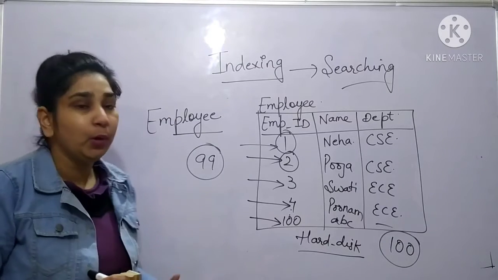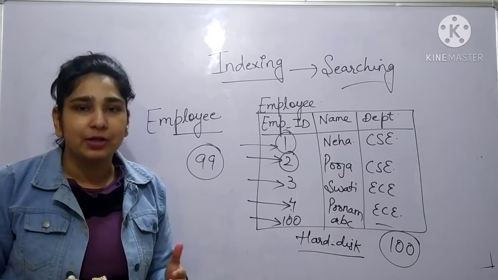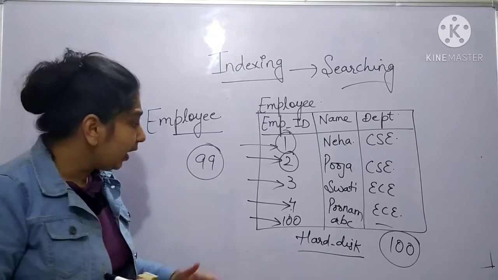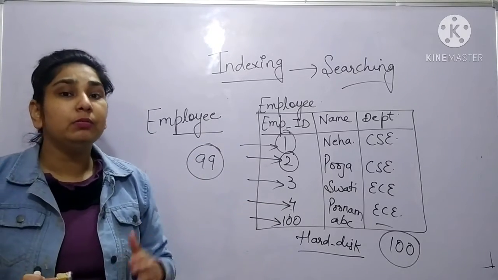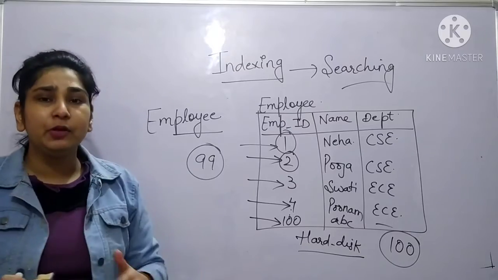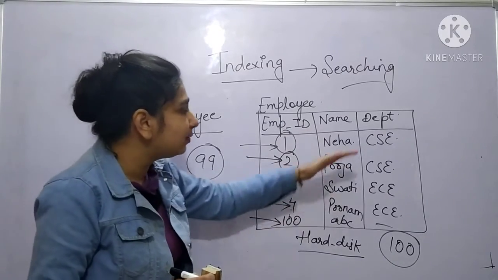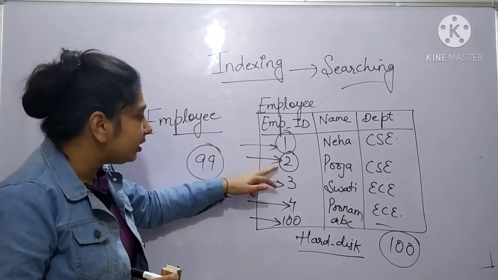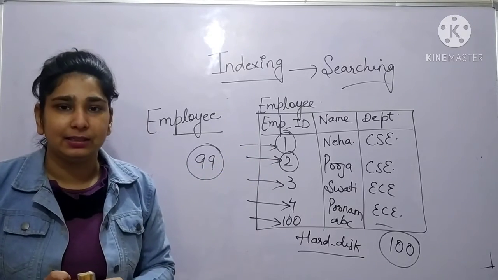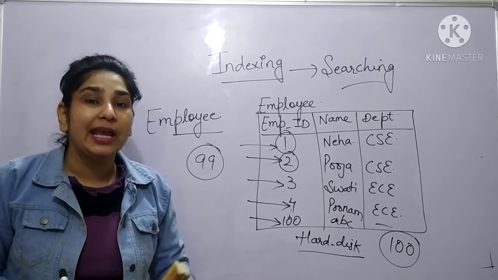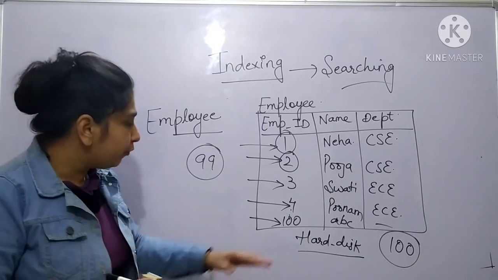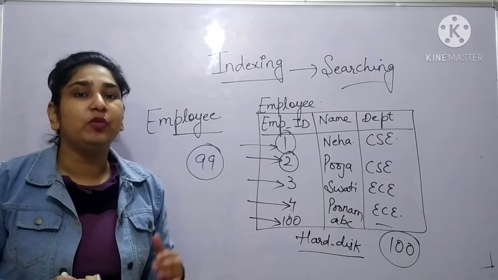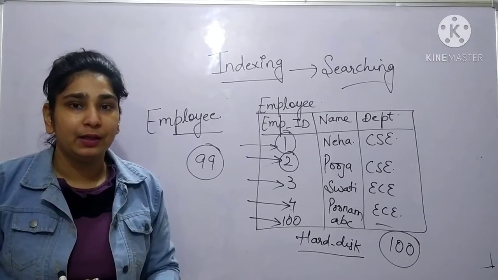This is how a machine follows the instructions. So if you imagine that you have to do processing like this, you have to compare 99 with each and every employee ID. Then it is going to take a lot of time to find the 99th record of the employee.